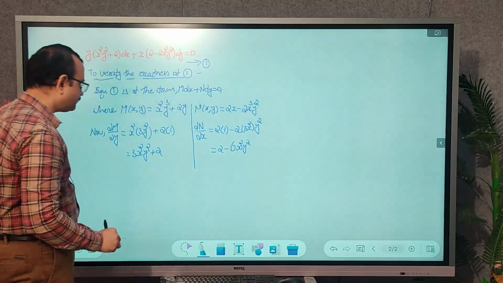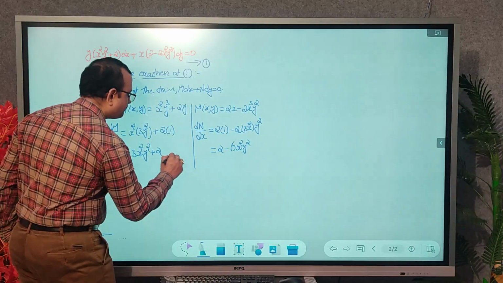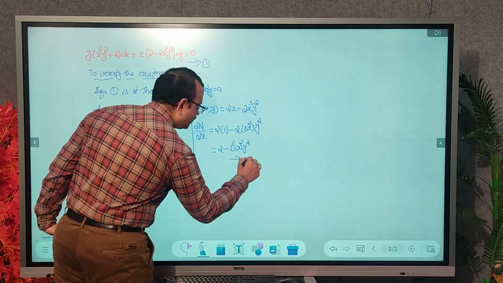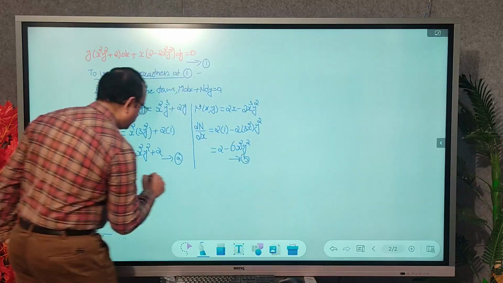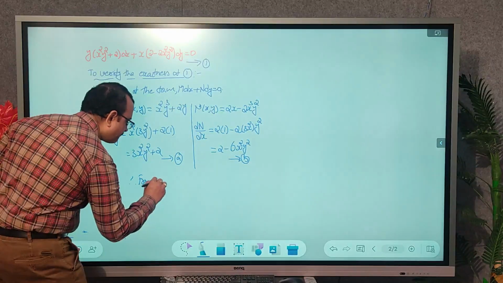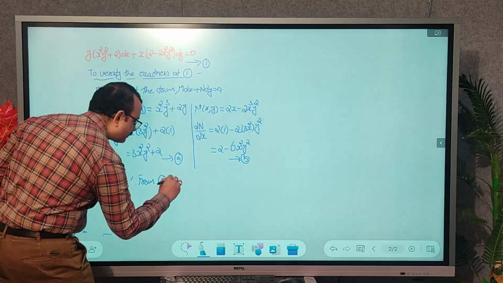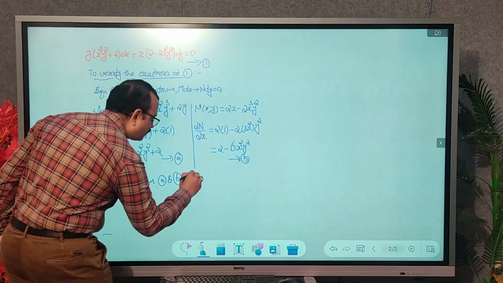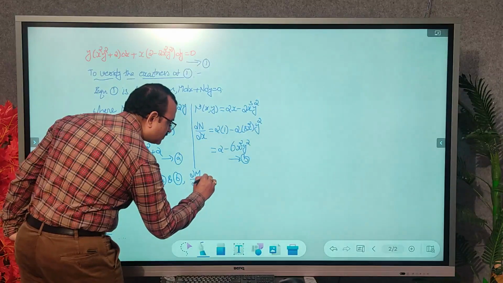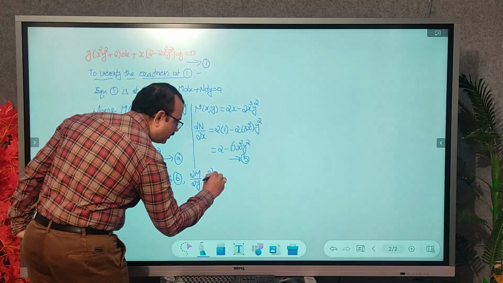If you observe, both are not the same. Take this as equation A and this one as B. Therefore, from A and B, we can conclude that dou M by dou y is not equal to dou N by dou x.